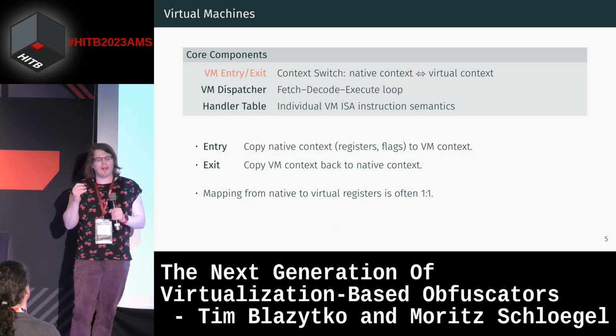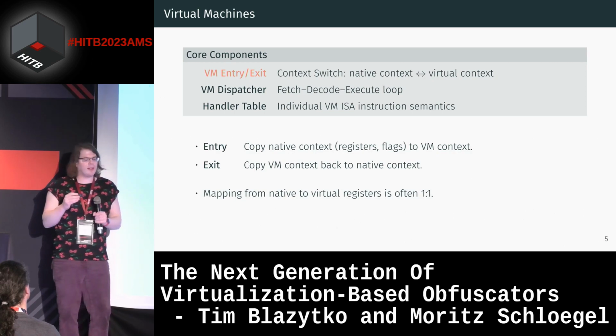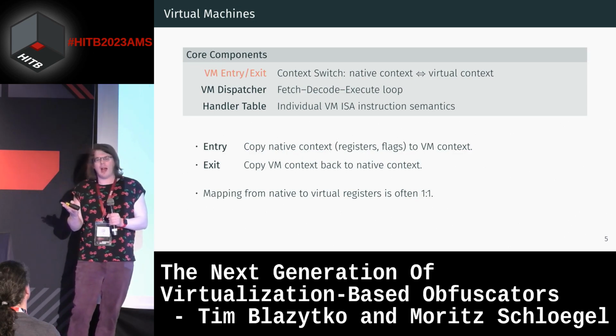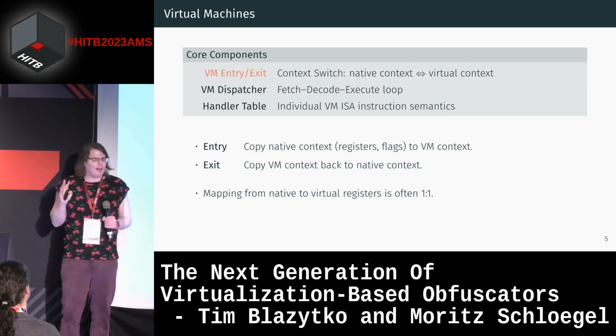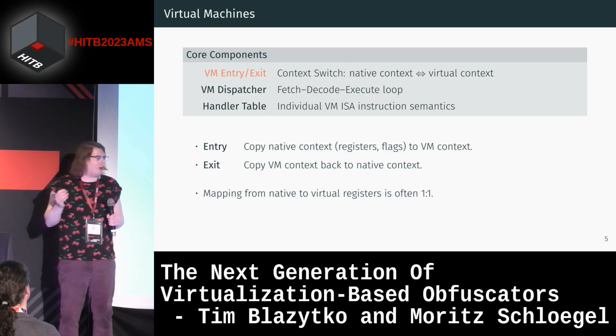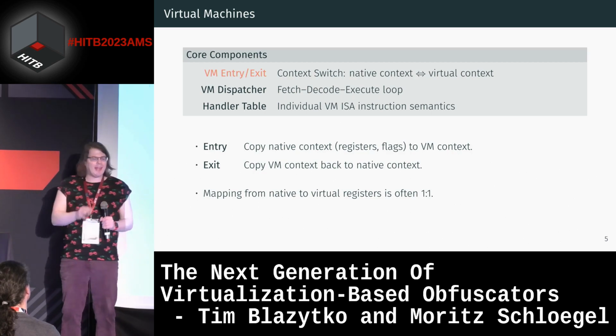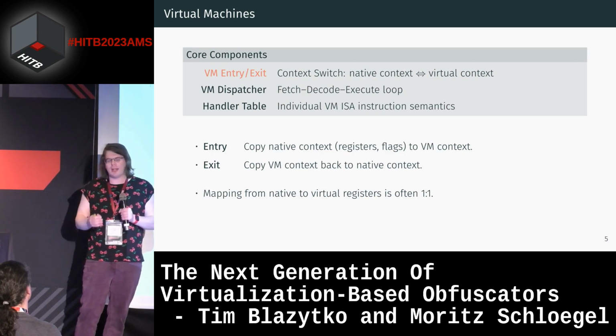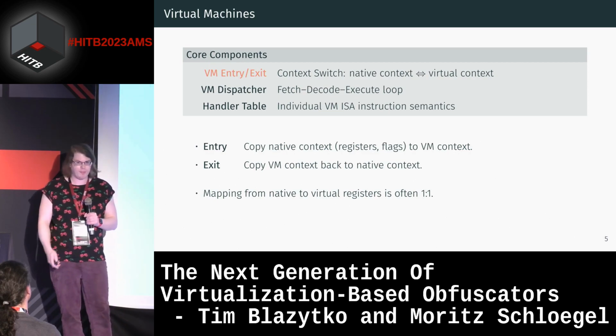In the end, when we leave the VM, we call the VM exit, which restores the outer state while preparing some output register. So the VM entry and the VM exit are the code components which do the transition between the native code and the VM code and the other way around.